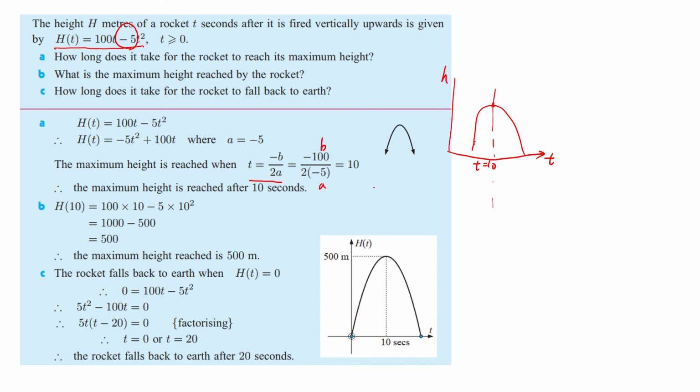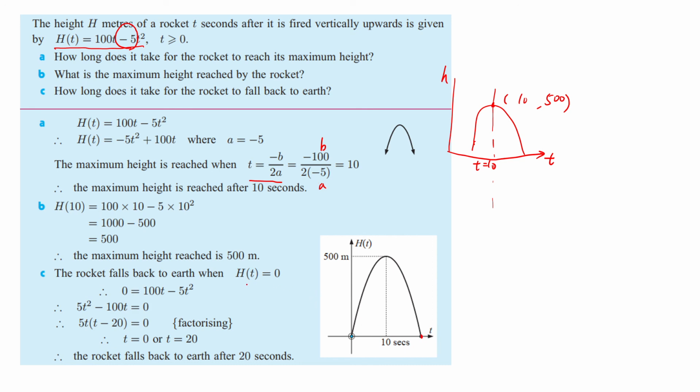And the second question: what's the maximum height? The maximum height is found just by substituting t equal to 10 into this function. We have the maximum height is 500. And lastly, how long does it take for the rocket to fall back to Earth? The rocket goes upward, then downward until it reaches the ground.